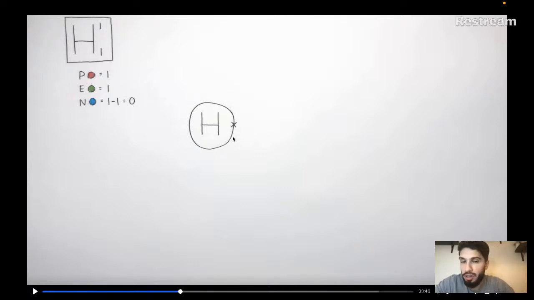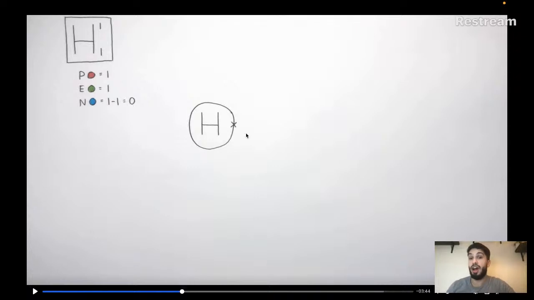When you draw the electronic configuration of any atom, you always just draw the symbol first, you draw the first shell, and then you draw how many electrons there are. So a maximum of 2 electrons can fit on the first shell, but hydrogen only has 1 electron. So we're only showing the 1 electron on the outer, or the only shell there is.